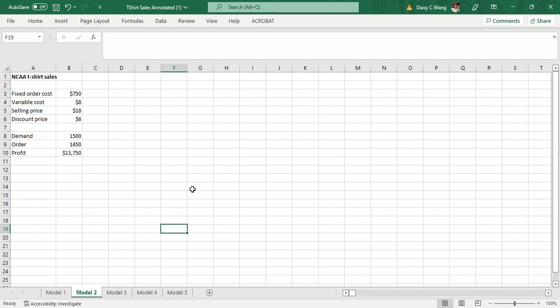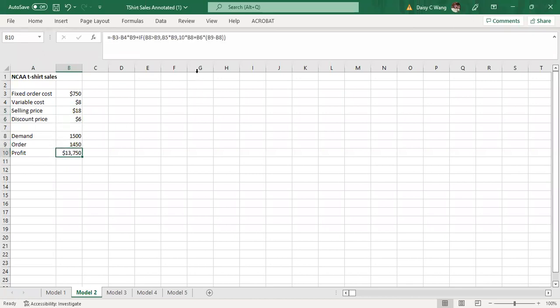And in addition, on top of that, for each teacher you print, it will cost you $8. Then you can sell it for $18. But if you sell it by a certain time, you can sell it at a discount price of $6. So the question is, if the demand is 1,500 and we order 1,450, then our profit will be this.